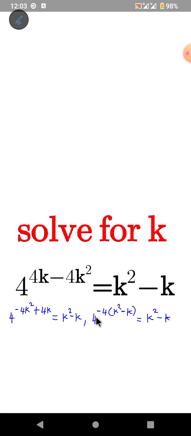Now we have 4 raised to the power of minus 4 here, so I'll write 4. I'll open a bracket, I'll write 4 raised to the power of minus 4, then close the bracket, all raised to the power of k square minus k. So we see k square minus k, all equal to k square again minus k.